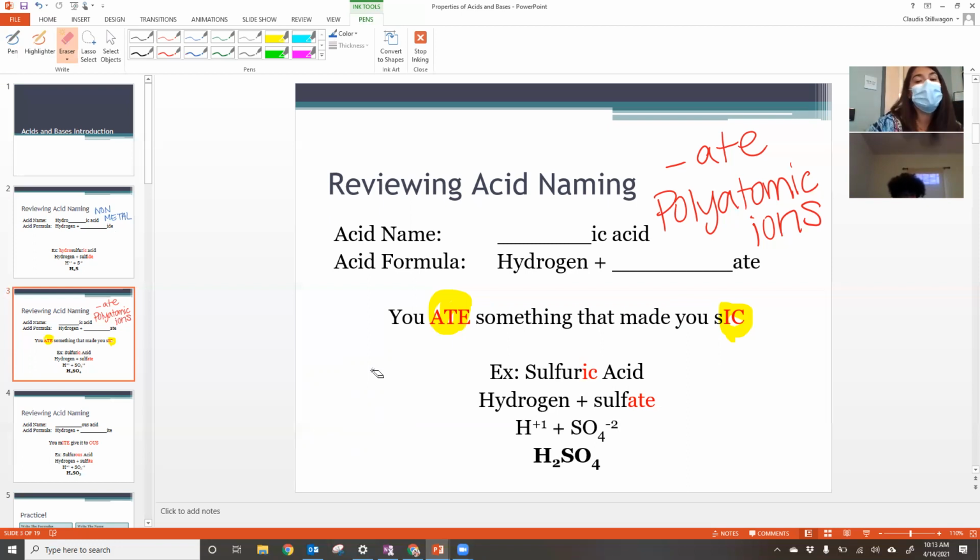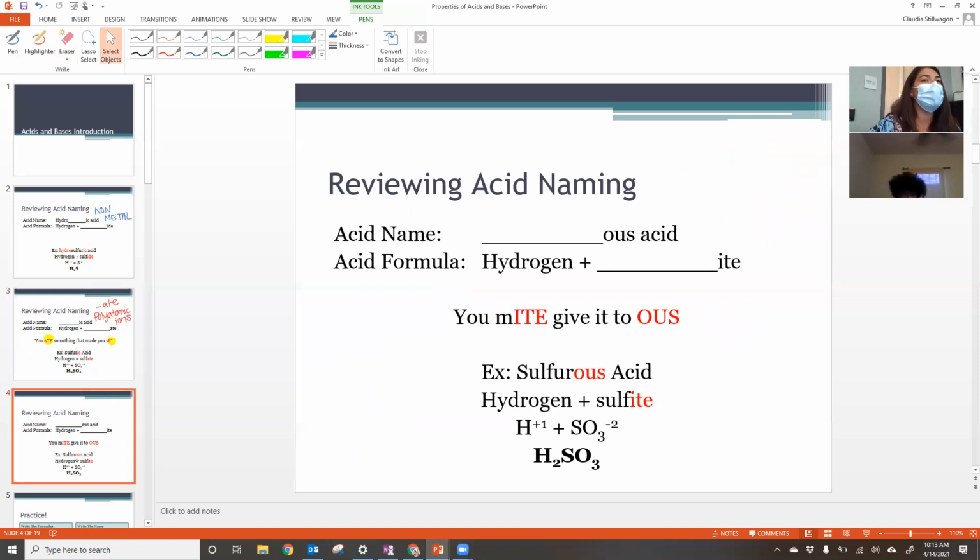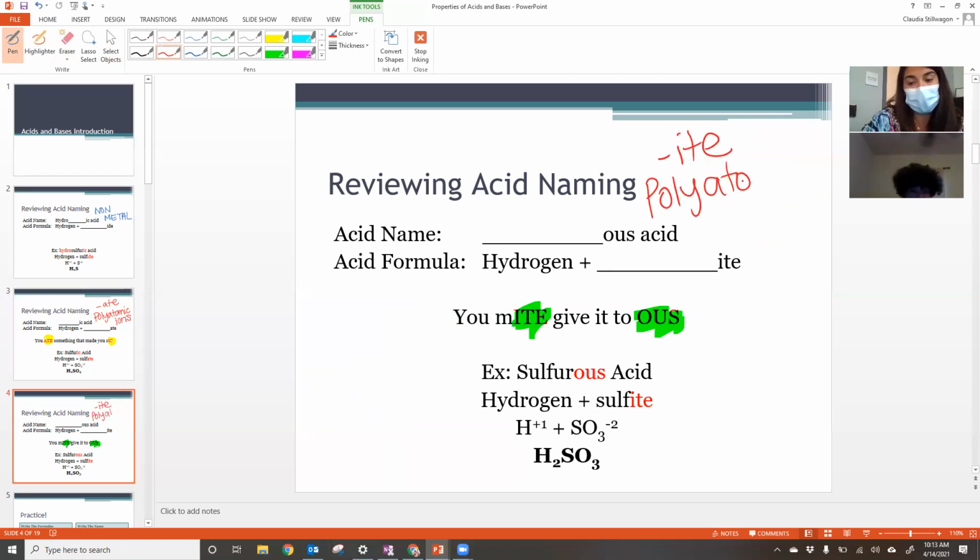If you ate something that made you sick, the other ridiculous part of that is that you might give it to us. So your ite polyatomic ions become OUS acids. These OUS acids come from your ite polyatomics.